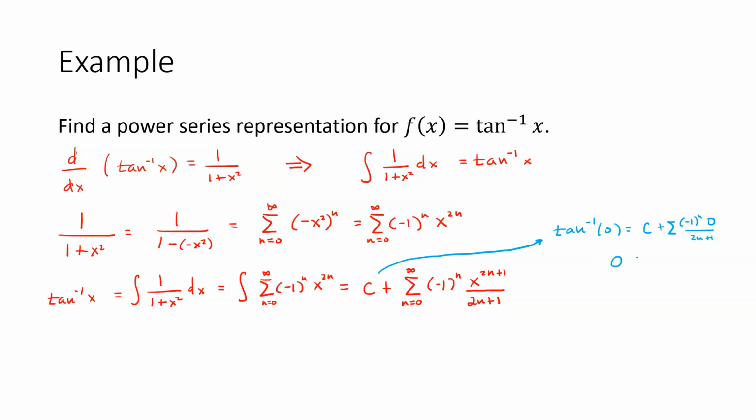Tangent inverse of 0 is 0. So that gives me 0 for c. So therefore this factor of c here we can remove. And there we have it. We have a power series representation for tan inverse of x.